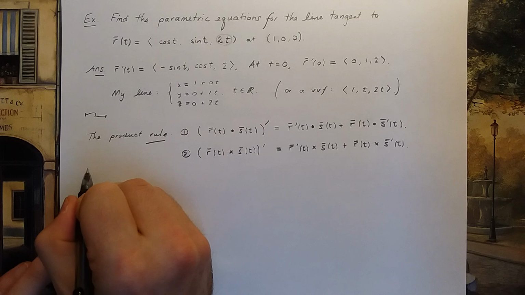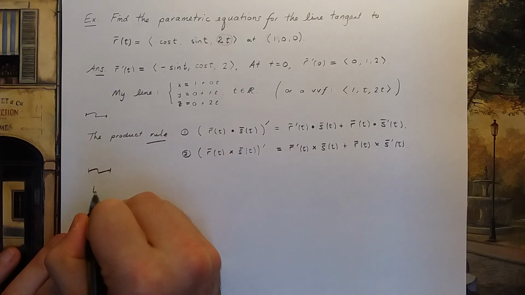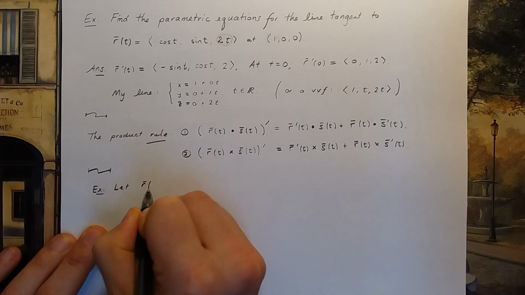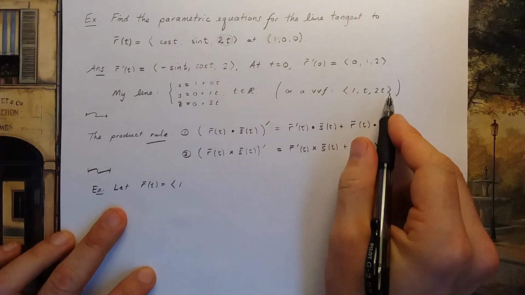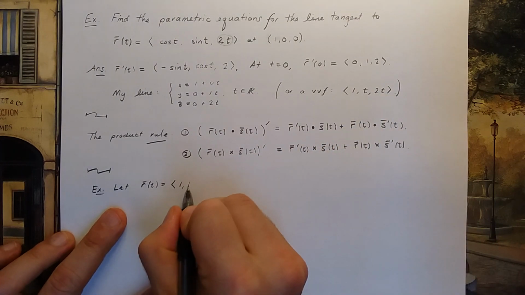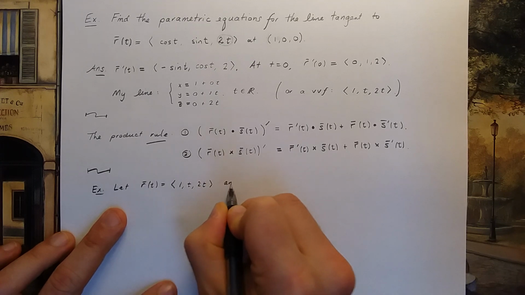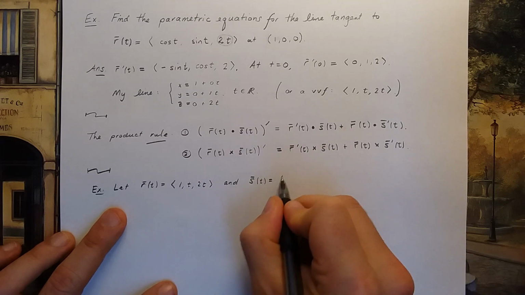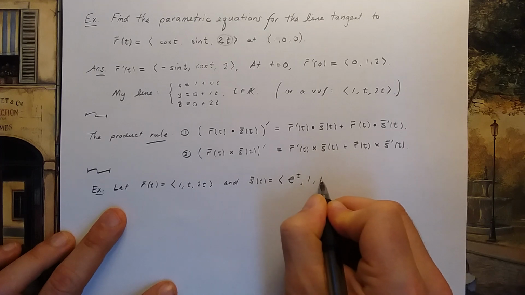Let's do an example to finish this video on the product rule. So here's an example. Let's say r of t is the vector (1, t, 2t), and let's say s is my vector-valued function (e to the t, 1, t).